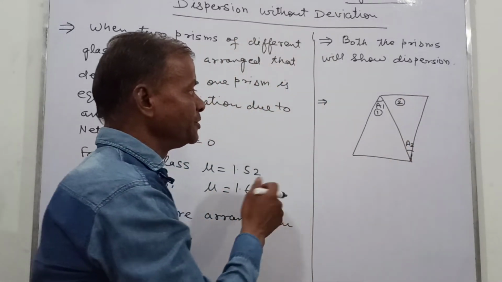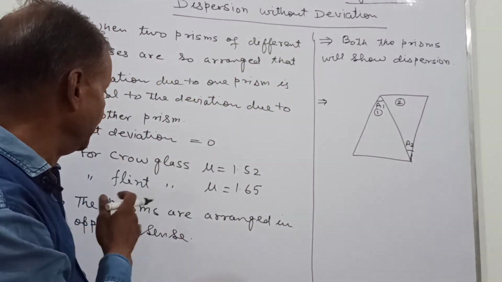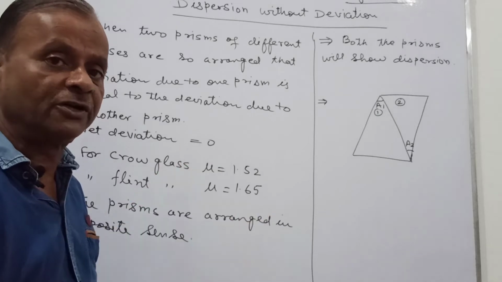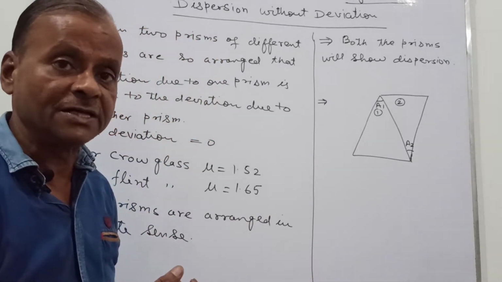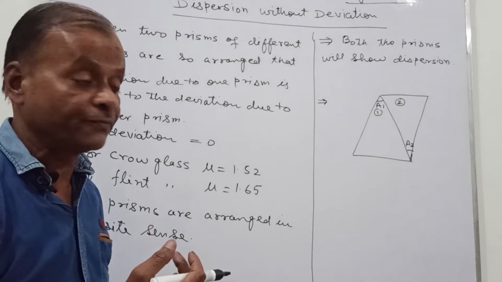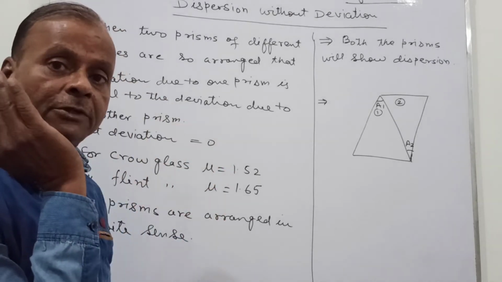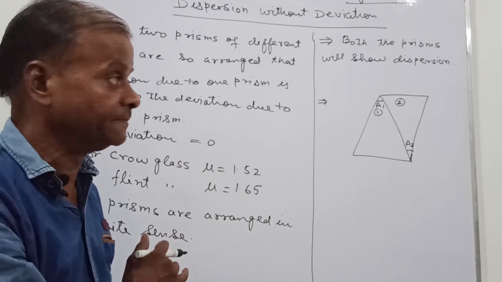One of them is made of crown glass, second is made of some flint glass. So that you will see which kind of glass has to be used for prism 1 and for prism 2. So this will decide the condition.